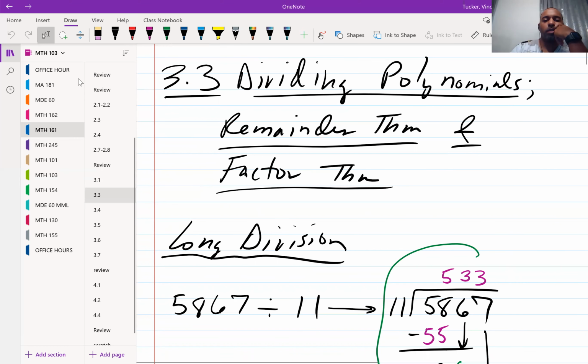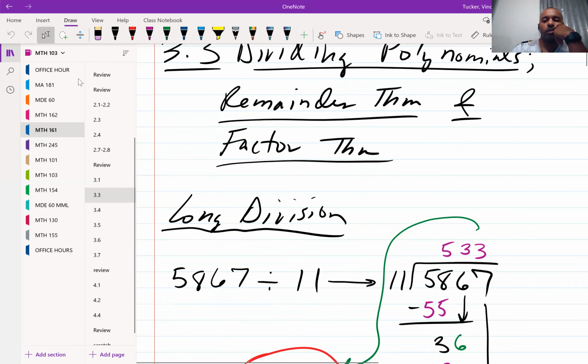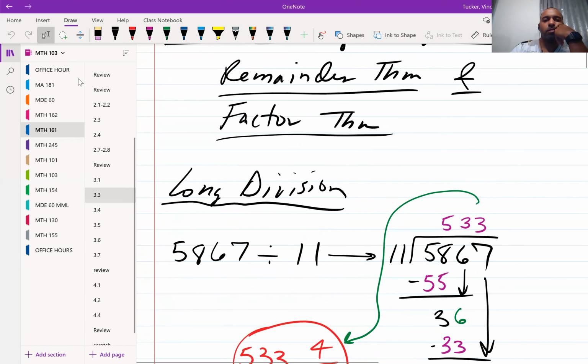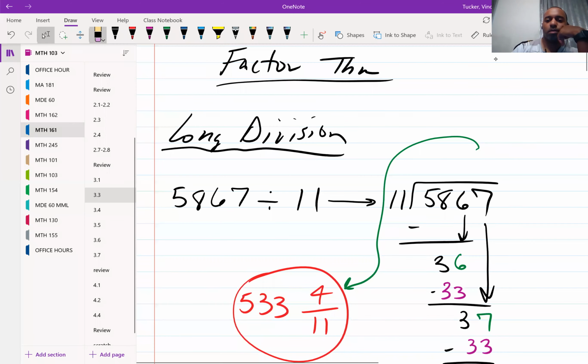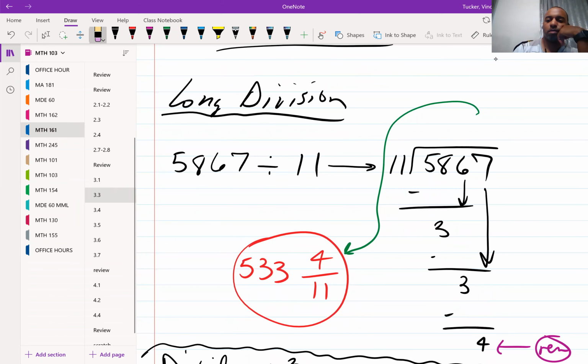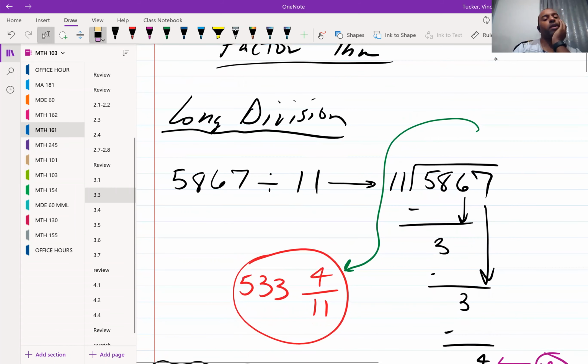All right, can we scroll up, down the title? All right, we're gonna go through the long division process real quick, just because that is going to be the same process that we hold true to when it comes to dividing polynomials.